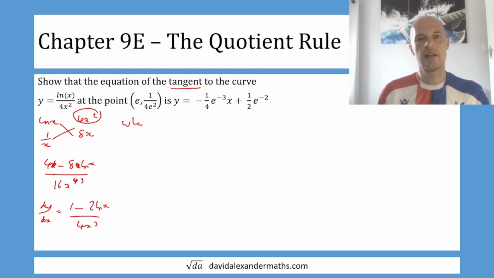Now when x equals e, then our dy by dx is 1 minus 2 ln e over 4e cubed, and 2 times the ln of e is just 2, so that is minus 1 over 4e cubed.